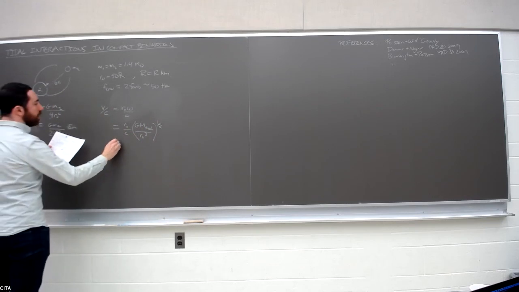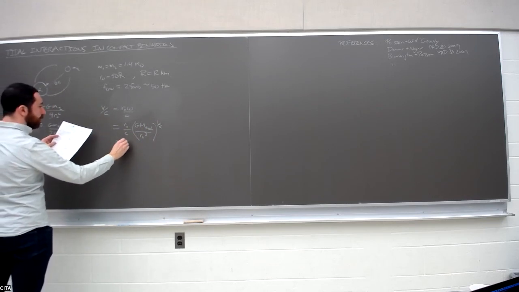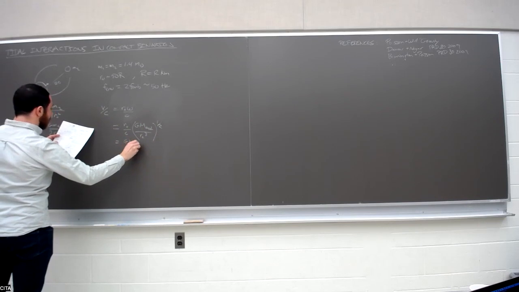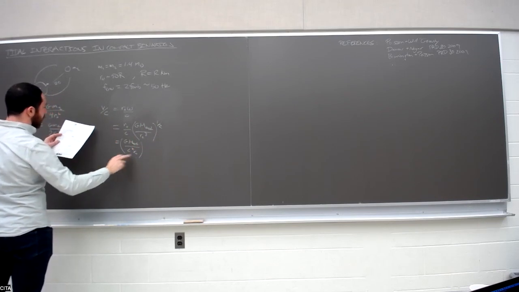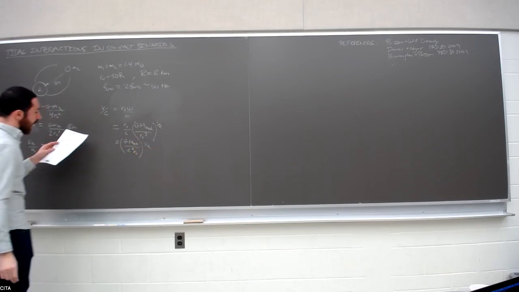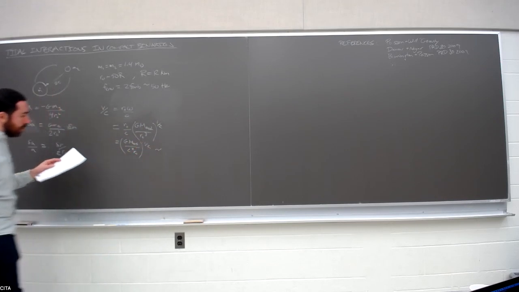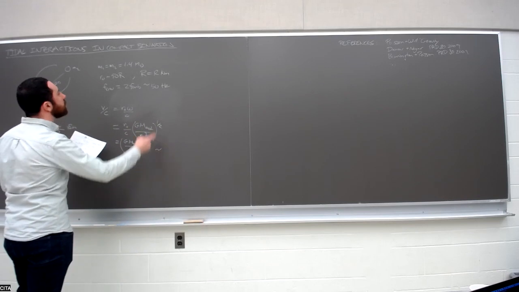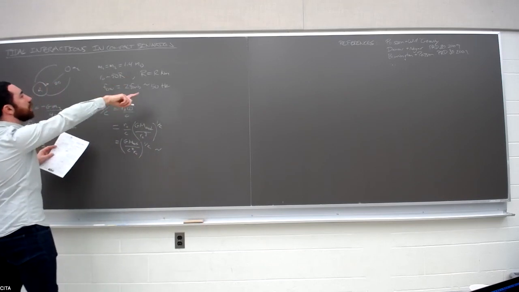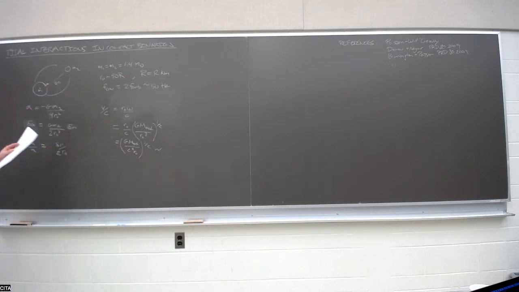So you end up with v over c for the orbit being GM over c squared times the orbital separation to the 1/2, which for our canonical binary neutron star example is of order 10% for these parameters, for a separation of about 50 neutron star radii.